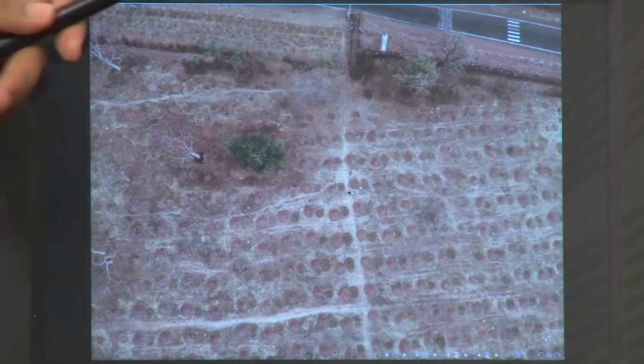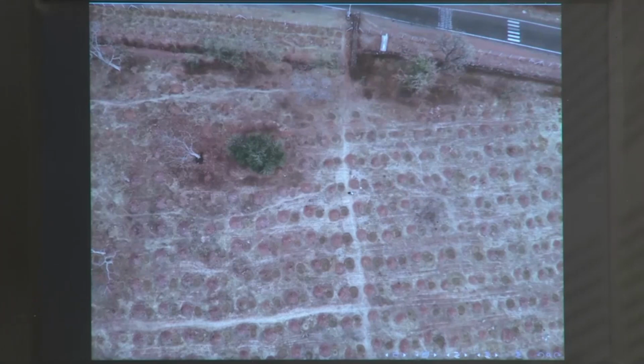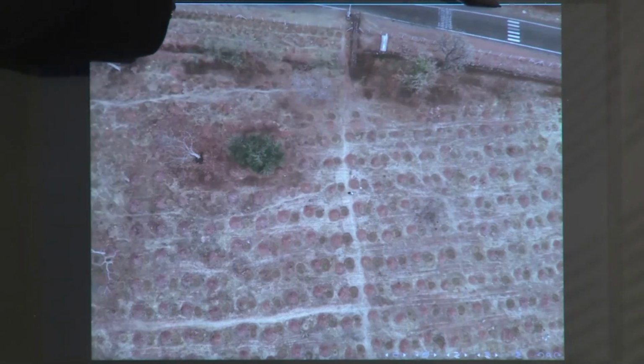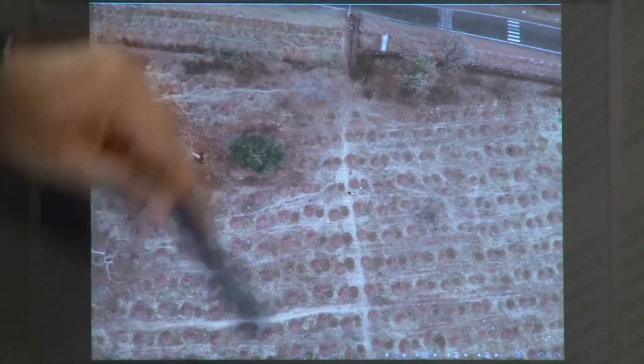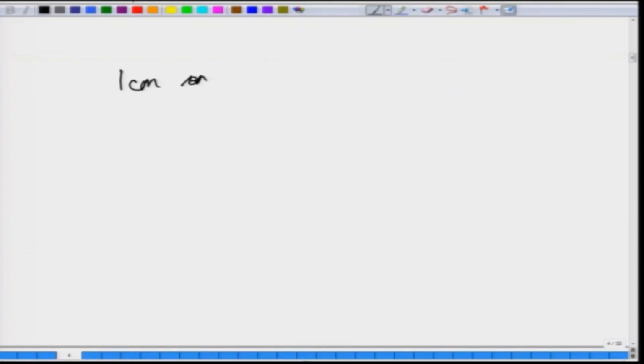So, for instance, here you are seeing this road and you are having this zebra crossing, and in this case you can measure this distance on the ground, measure this distance on the photograph, and so you get a scale factor that in the case of your photograph 1 centimeter on the photograph is say equal to 8 meters on the ground. Now, once you have that scale, that 1 centimeter on photograph is equal to say 8 meters on ground.